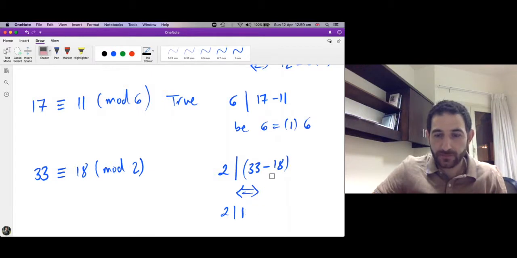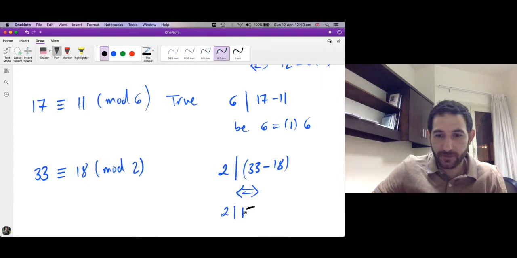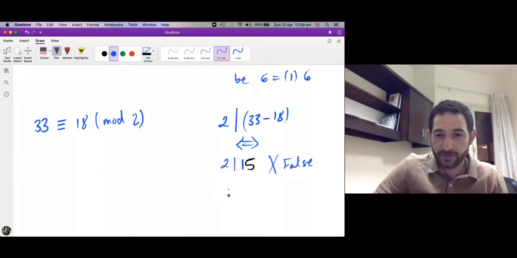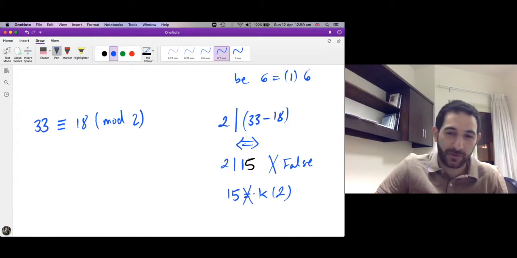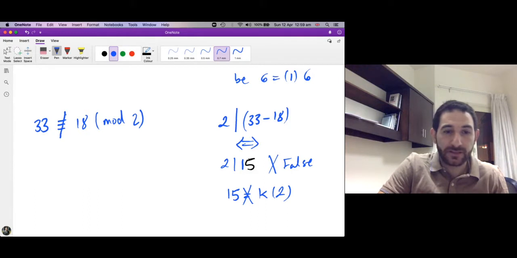And this is false. 2 does not divide 15 because we can't find a k such that 2 times k is 15. Another way to say it is that 15 is odd, but 2k is even. So this is false, and this is how we say that 33 is not congruent to 18 modulo 2.